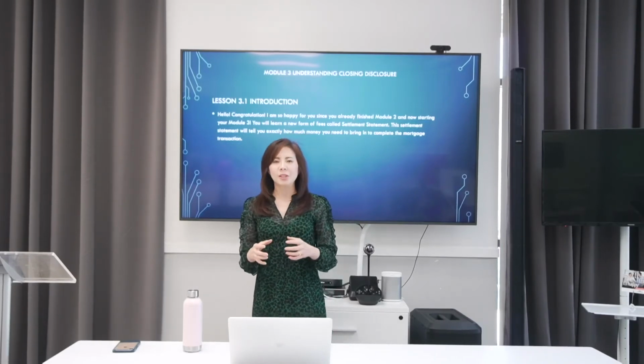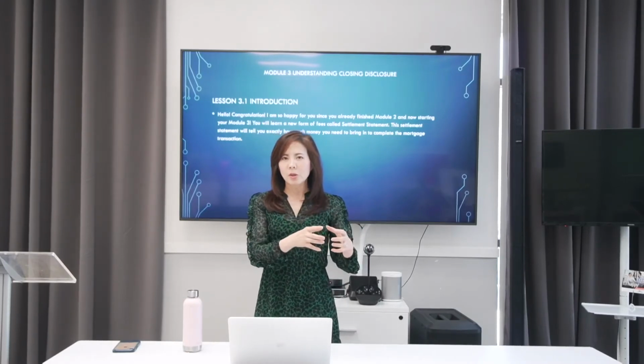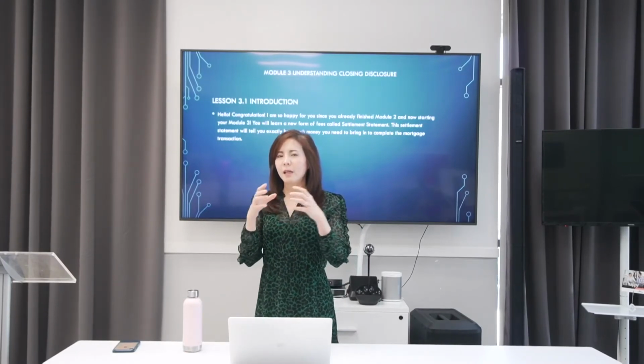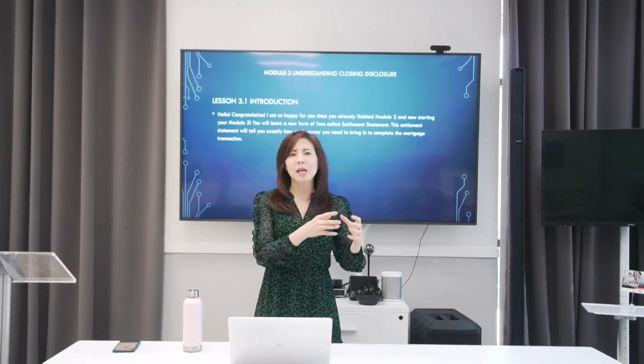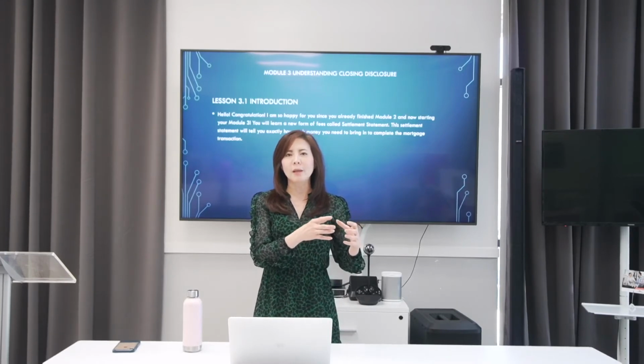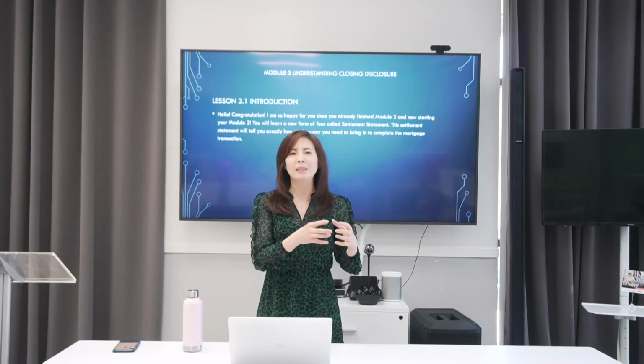And you will also see that some numbers in the closing disclosure are so different in the settlement statement. For example, the owner's title policy amount in the closing disclosure is like $1,100 and something, or more than $1,000.